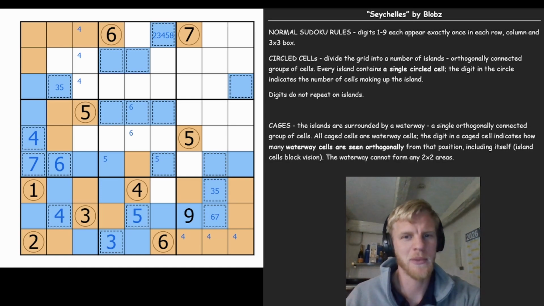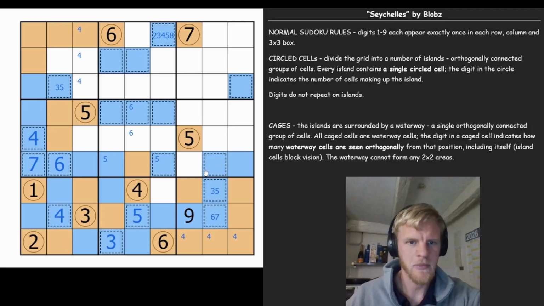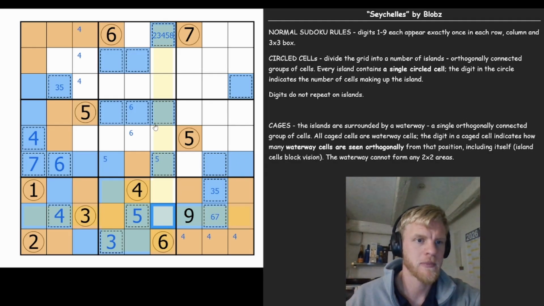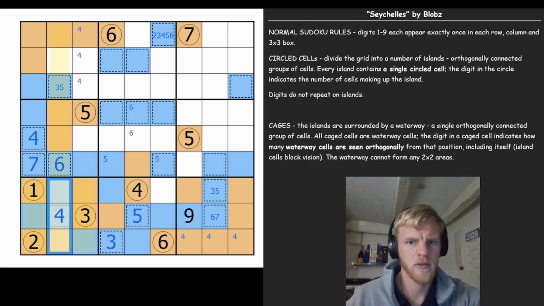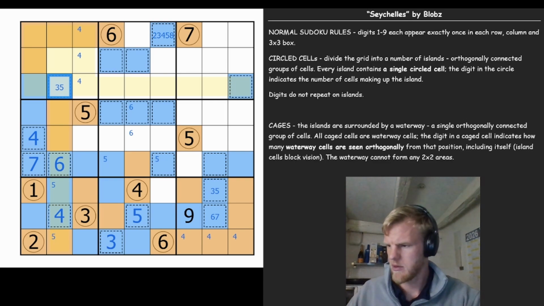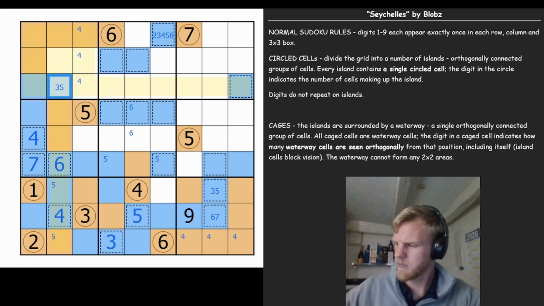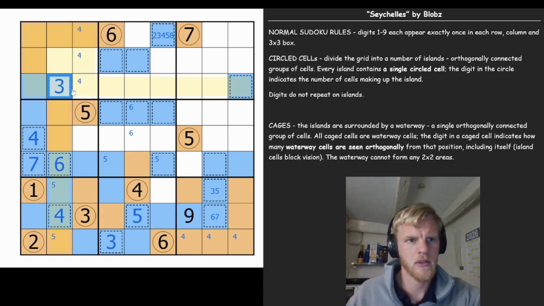Feel free to post in the comments how long I have been missing this obvious thing. Now what do you think? Does this connect to here, here, and also go up here? We do have 5s looking up here. So this is a 3.